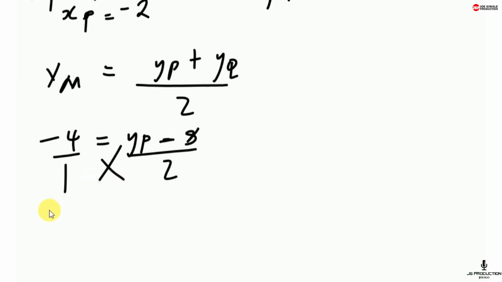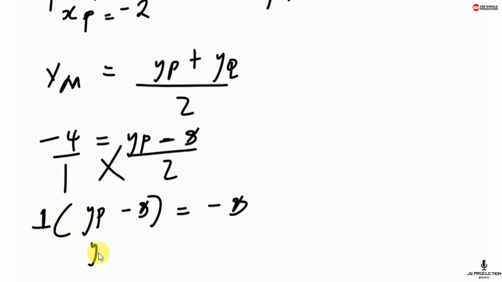Then we're going to have 1 open bracket yp minus 8 is equal to -4 multiplied by 2, we're going to have -8. And to open up the brackets, we're going to multiply 1 with everything inside. So 1 multiplied by yp, we're going to have yp minus 1 multiplied by 8, we're going to have 8 is equal to -8.